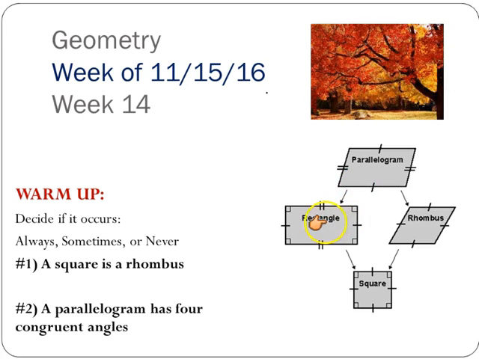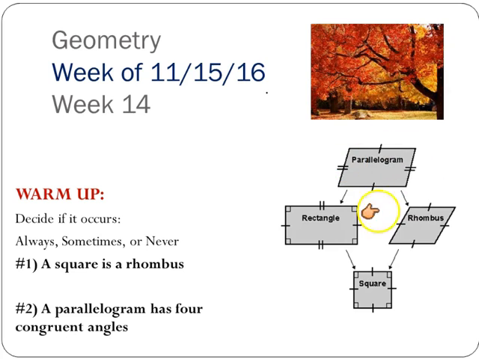Now, rectangles, rhombuses, and squares will have all the same properties of parallelograms. So a square is going to have all those properties I just talked about. Opposite sides are congruent. The angles opposite each other are congruent. The diagonals will bisect. The consecutive angles are supplementary. But then we've got some more properties to add on.